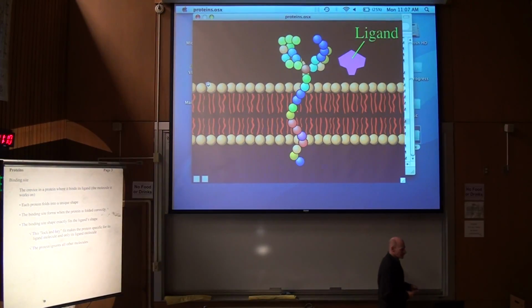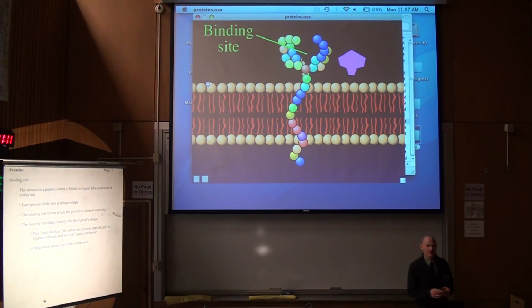Kind of a funny word. I think the word ligand comes from a word meaning to join together, because this pops in here and joins onto the receptor. And there it is right there. The crevice inside the protein that binds the ligand is called its binding site.